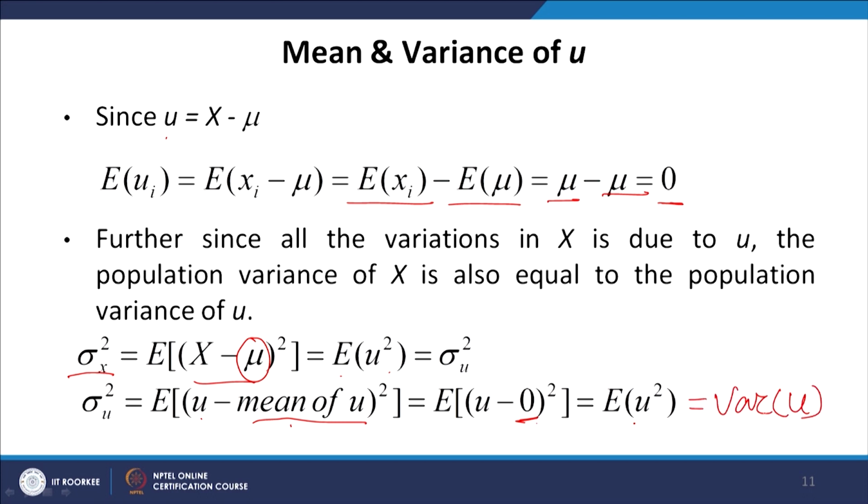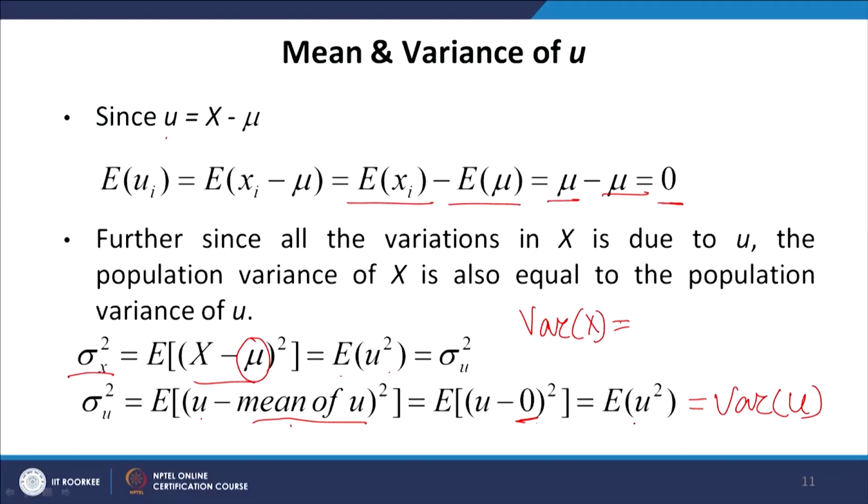That is what I had explained earlier. It is a common practice that if I write the variance of x, then this is the expected value of x minus the mean of x, whole squared. If the mean of x is 0, then this becomes the expected value of x squared. The same thing is happening here, so this is the variance of u.